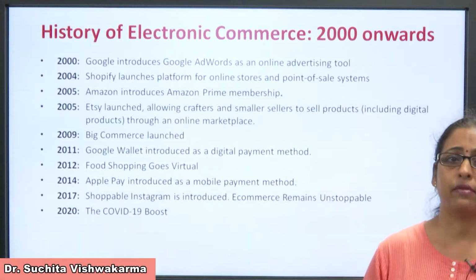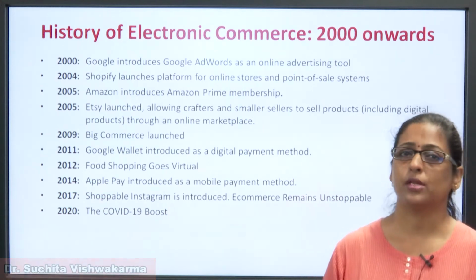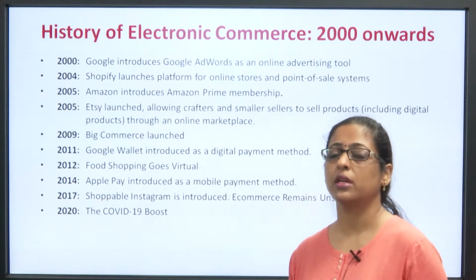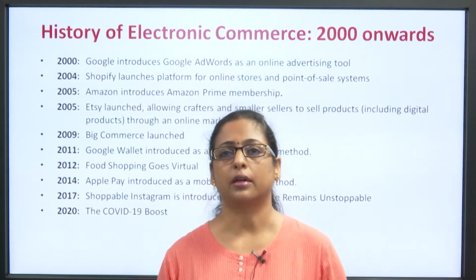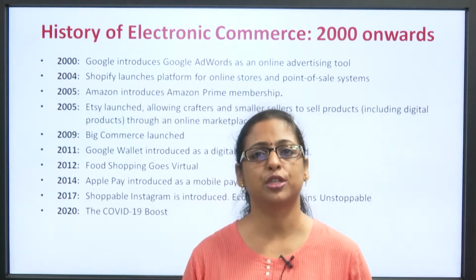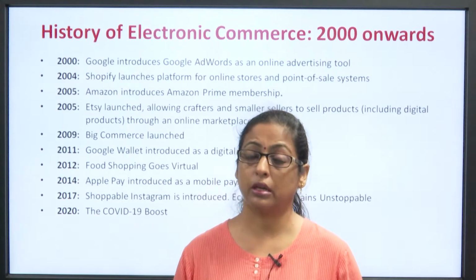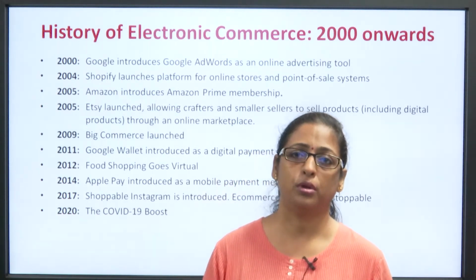Then in 2017, shoppable Instagram was also introduced, and e-commerce remains unstoppable. So, Instagram also came up, and people started shopping there, and there were provisions which allowed individuals to purchase products.